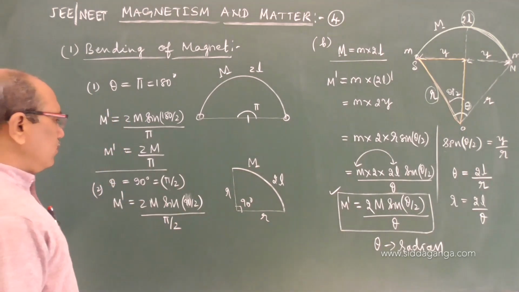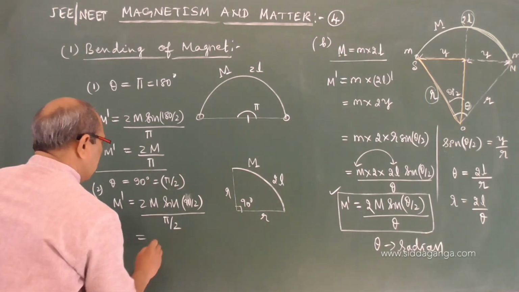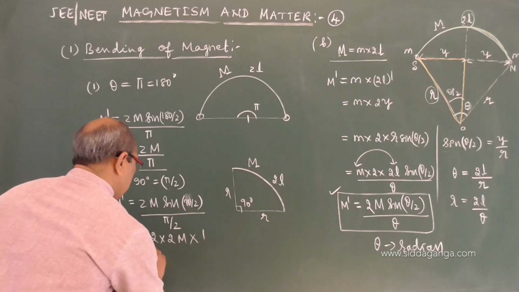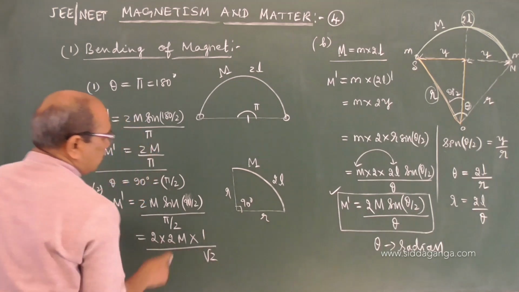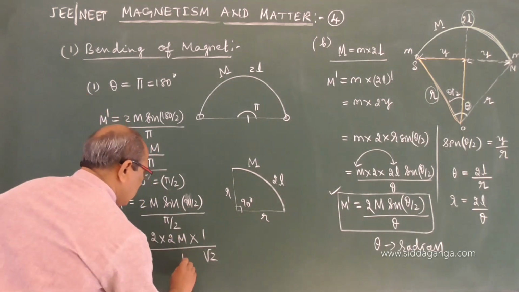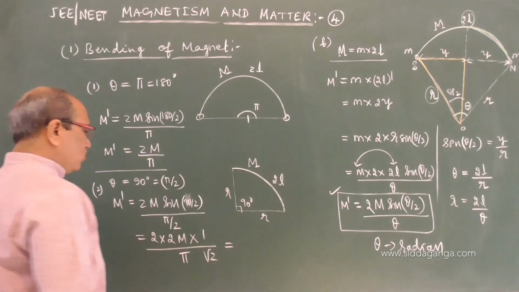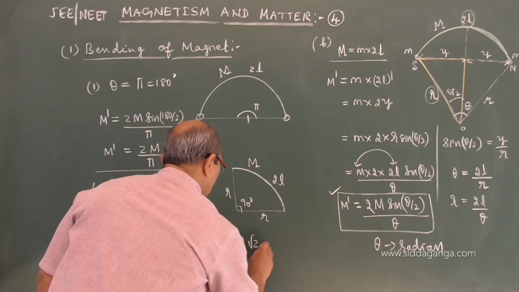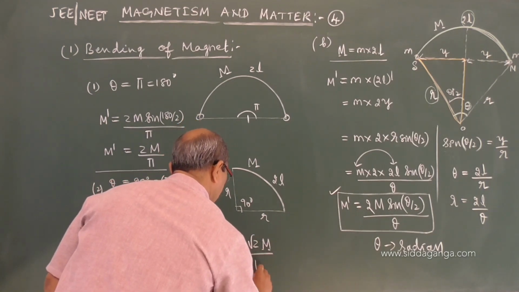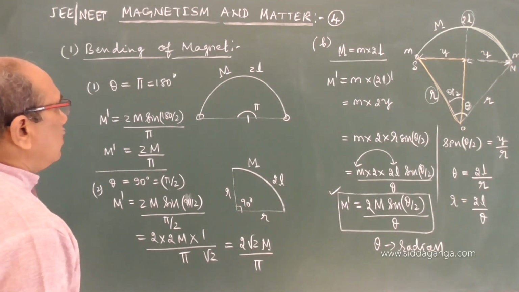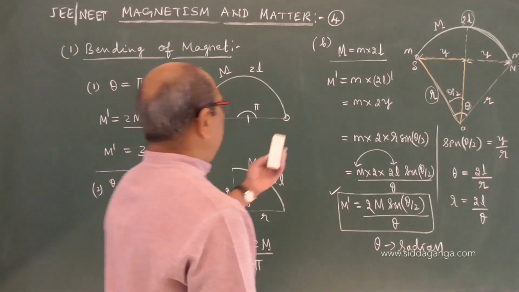This becomes 2 into 2m into 1 by root 2, because sin 45, into pi, and this 2 cancelling becomes 2 root 2 m upon pi. This is another case.